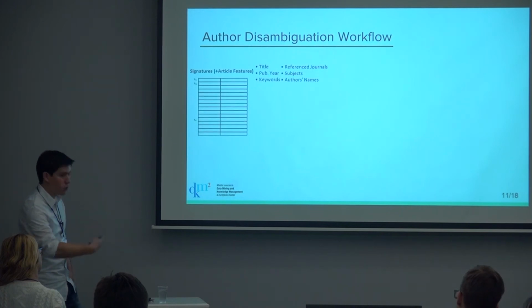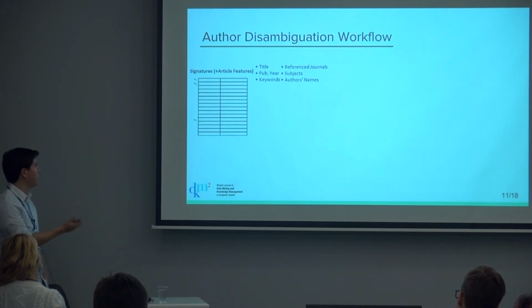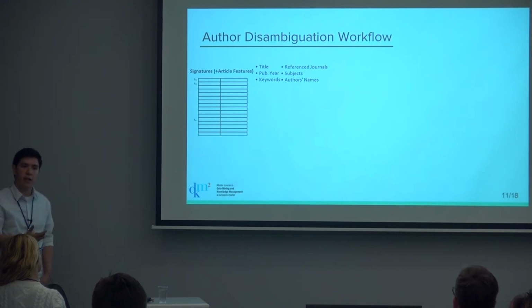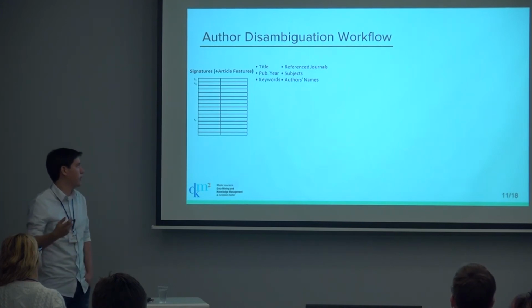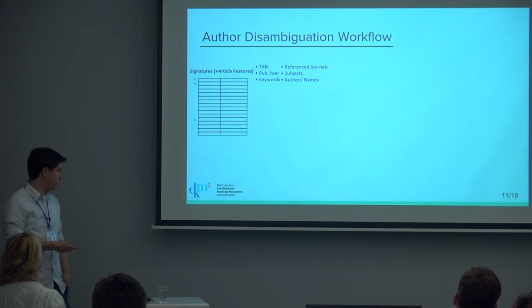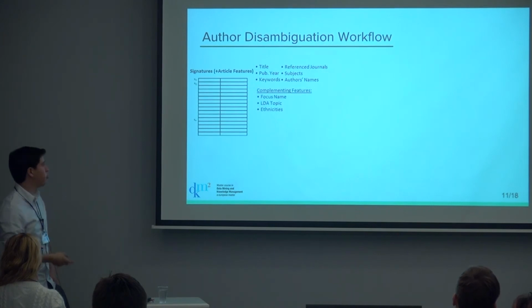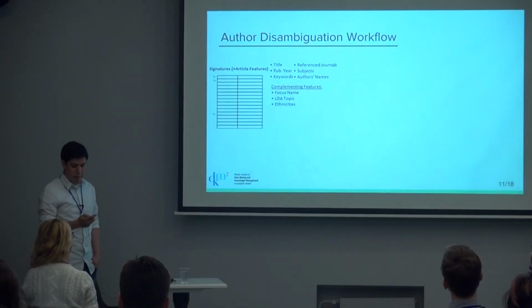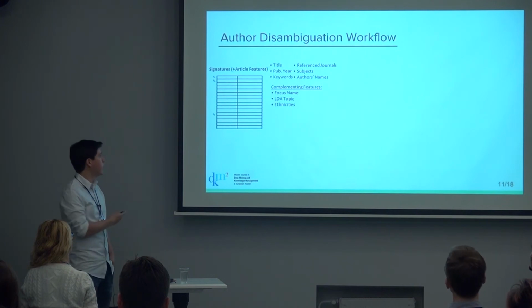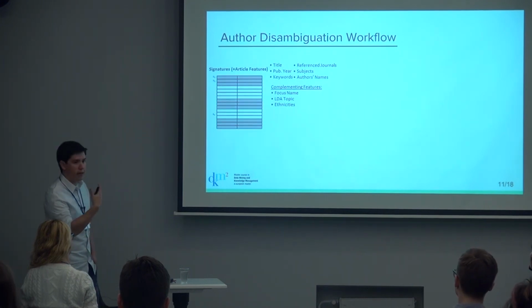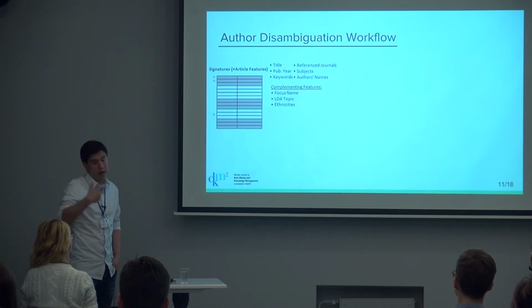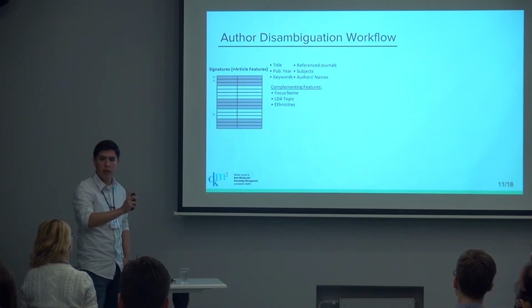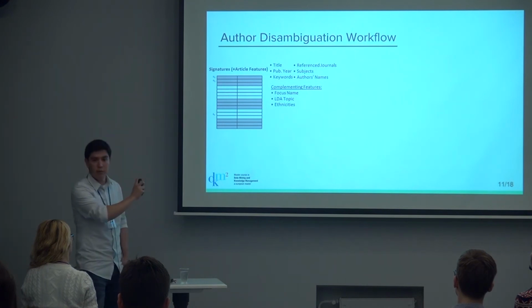So to guide you through the process, we start with the signatures, which contain the article information, basic information like the title, like the subjects, like the different authors' names, etc. As we mentioned, we complement this information with the complementing features, the focus name, LDA topic, and the ethnicities, and we make use of our assumption, as Ekaterina mentioned, saying that the signatures of a real author will belong to the same focus name group.